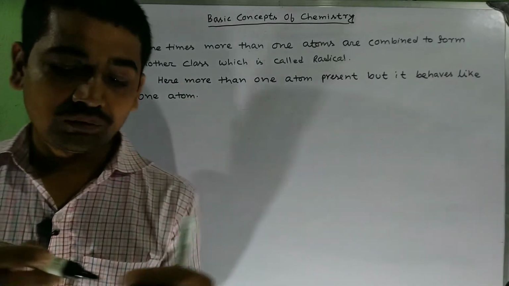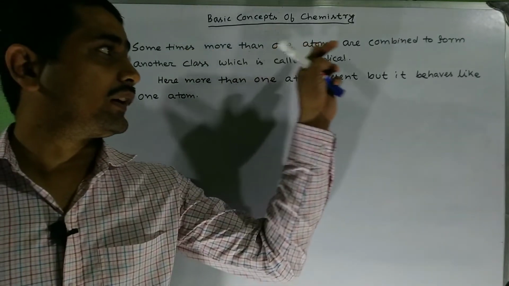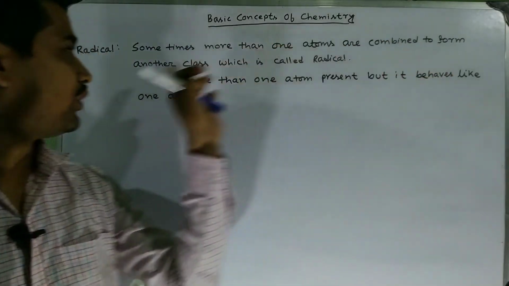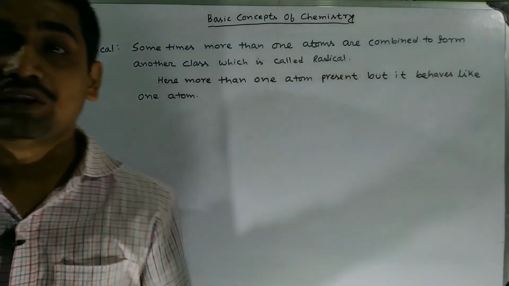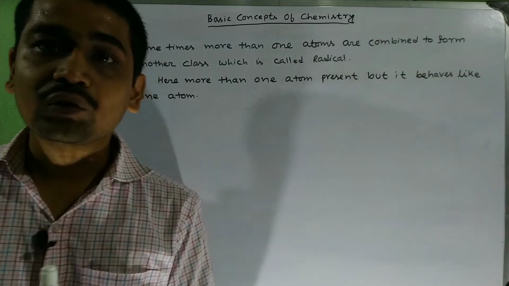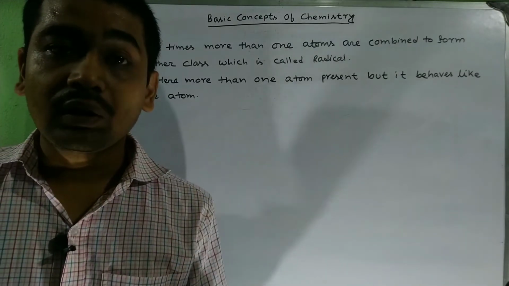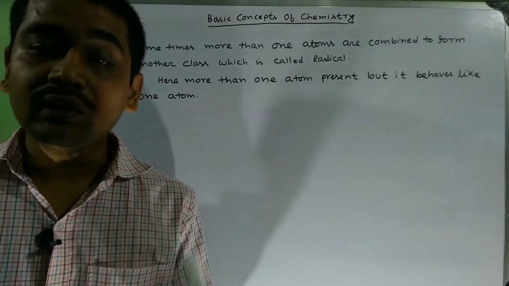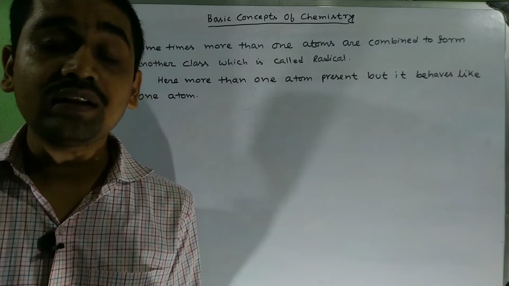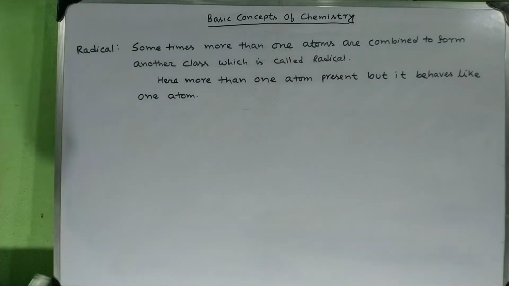Here, in the definition, more than one atoms are combined to form another class which is called a radical. When more than one atoms are combined, they form a group of atoms, but it acts or behaves like a single atom. Clear? These are called radicals.